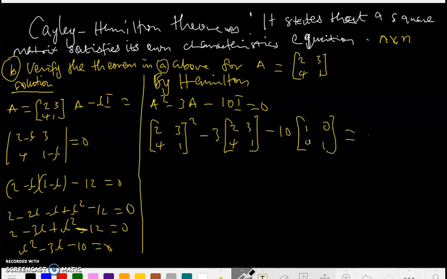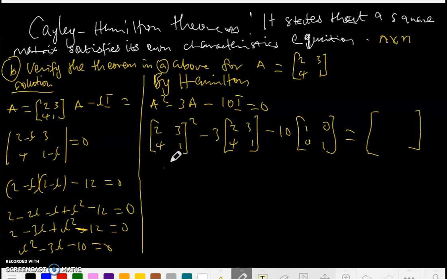This must give us the zero matrix for it to satisfy the Cayley-Hamilton theorem. So let us see what this matrix squared is. You can use your calculator to square this matrix.